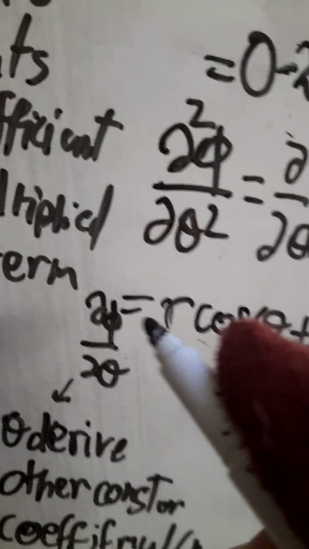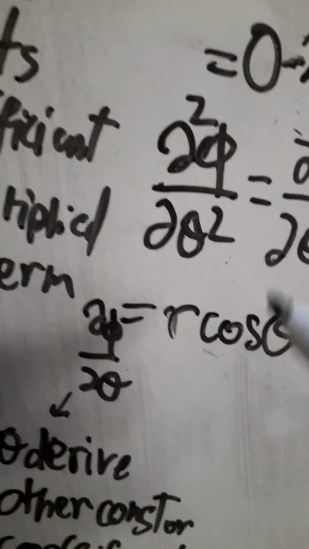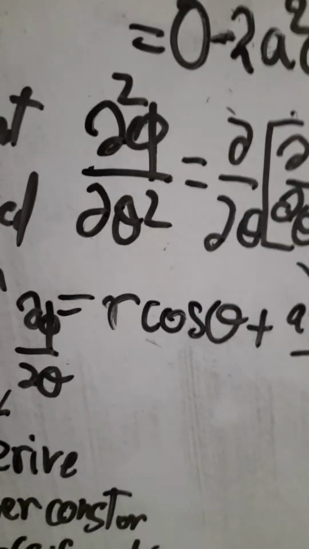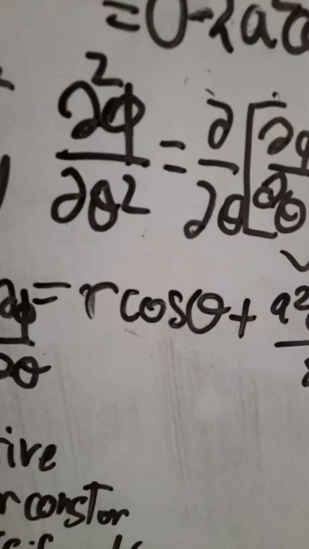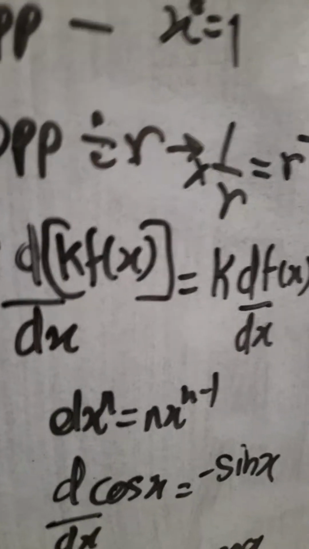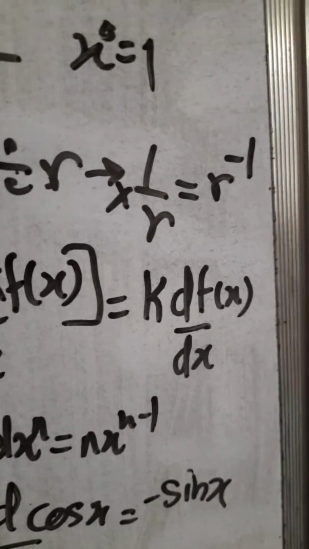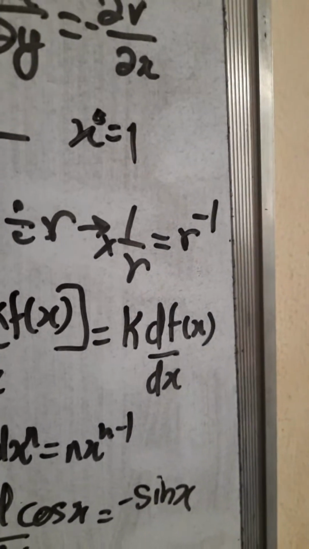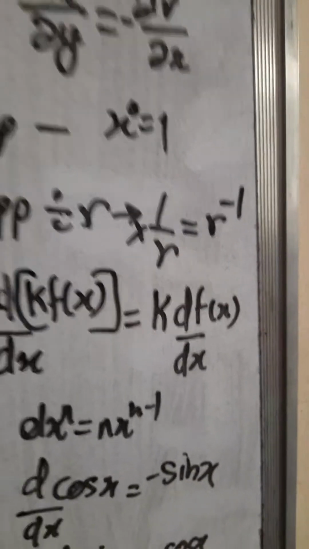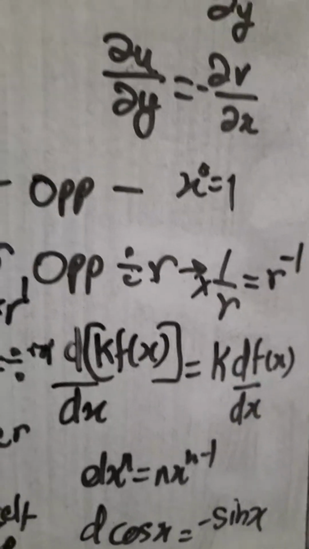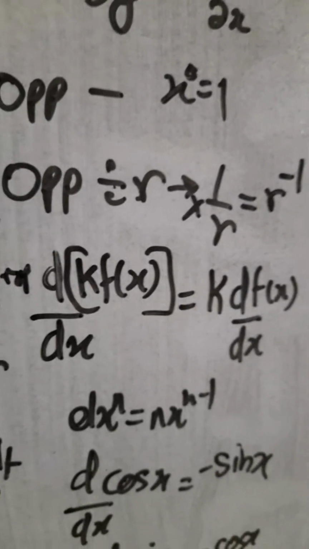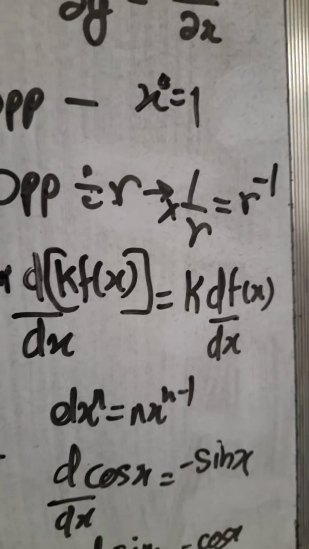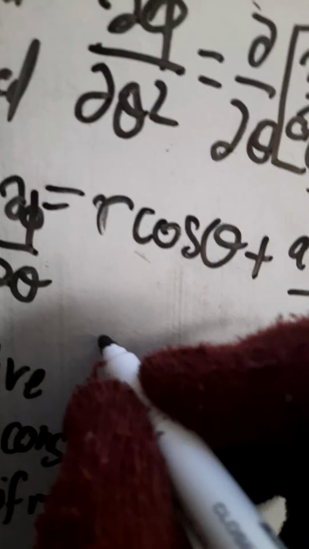But since it is joined in the same term, multiplied with cos theta, a theta function, it is a coefficient. What do we do with a coefficient? We take the coefficient out, take the derivative of the variable, then multiply that coefficient as it is with the derivative result of that function. Just multiply. Okay, we are going to do that.